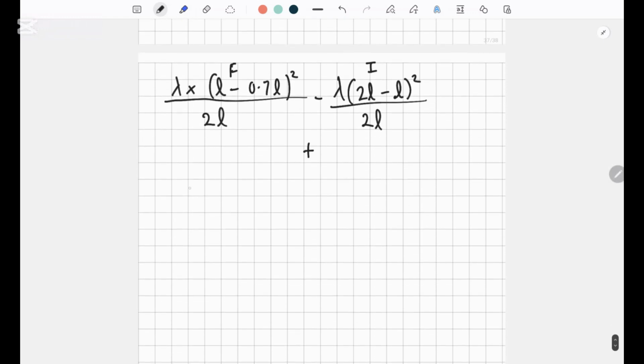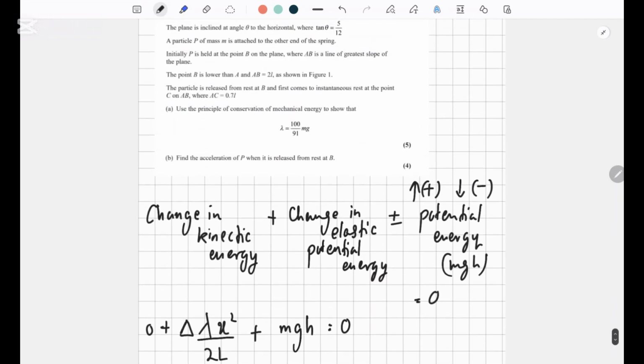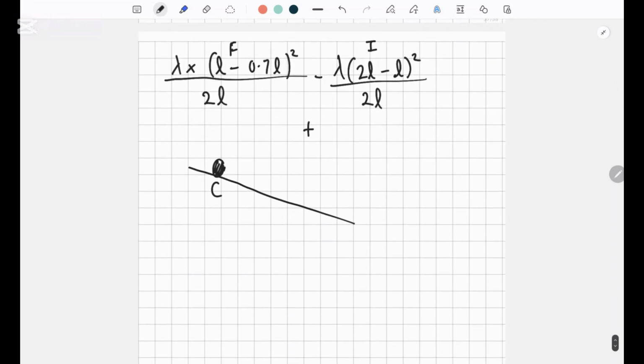I'll just draw a small diagram. So let's say it's here. This is C. And initially it was here.